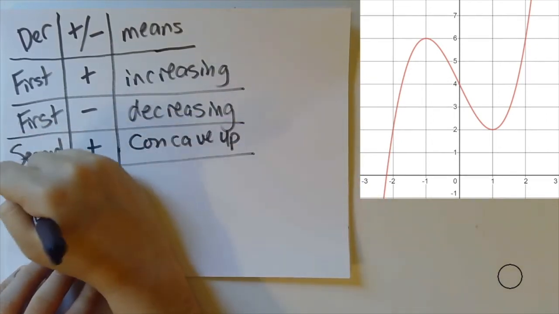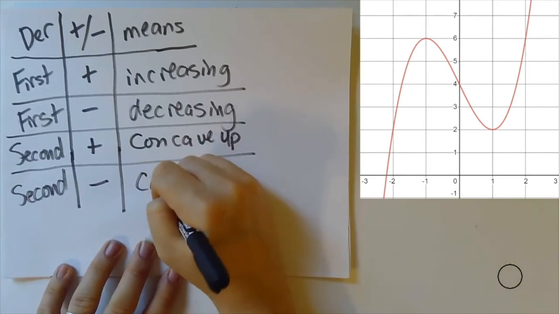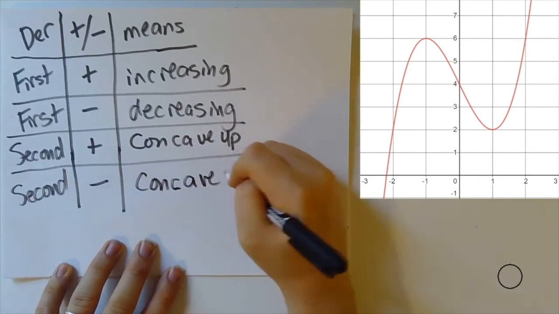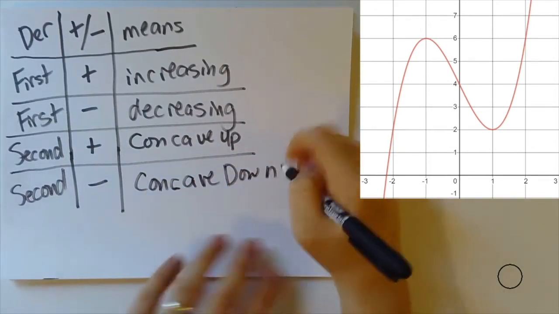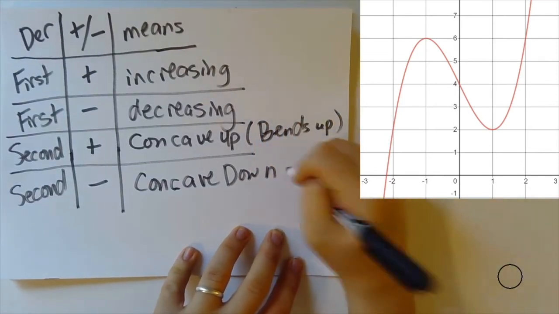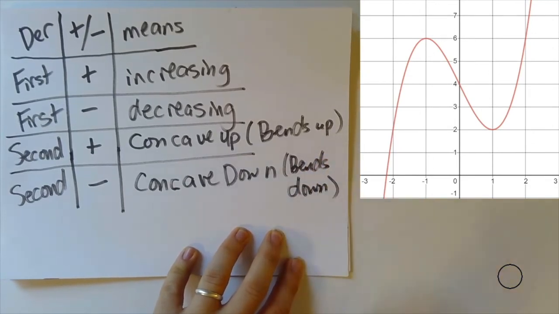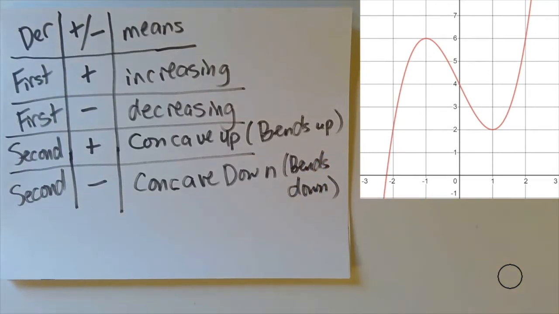And the second derivative negative means concave down or bends down.